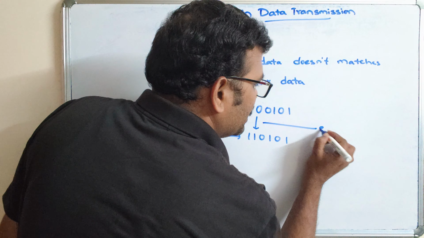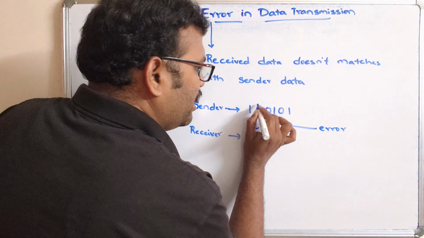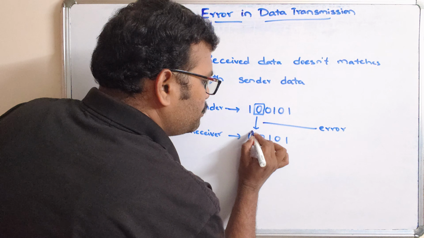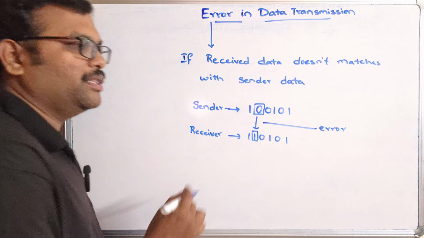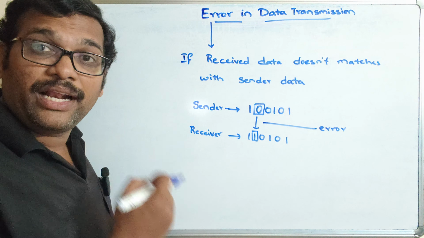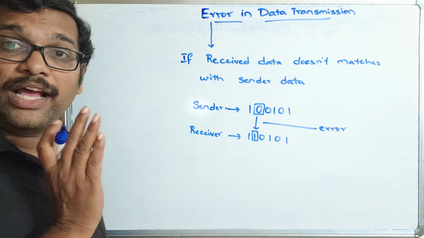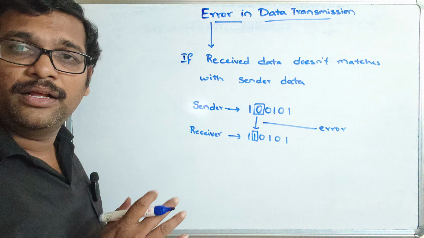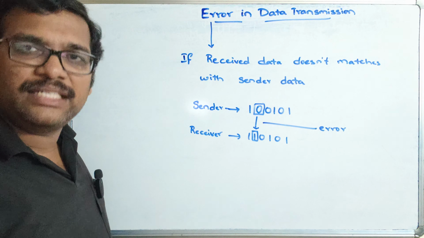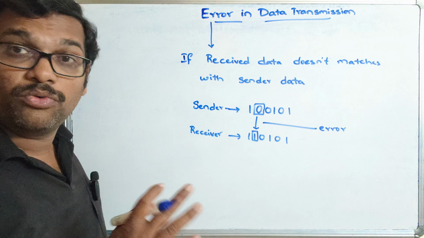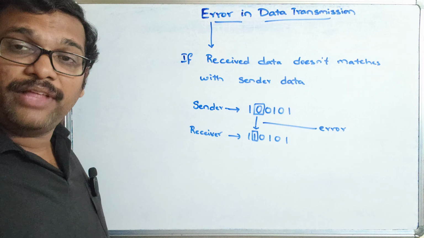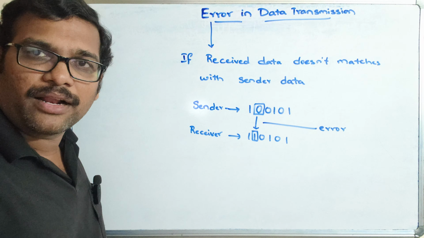So this is nothing but an error. Here one bit has been changed. Whatever data we send from the sender should be received by the receiver exactly, without any deviation. If there is any deviation, that is called an error.